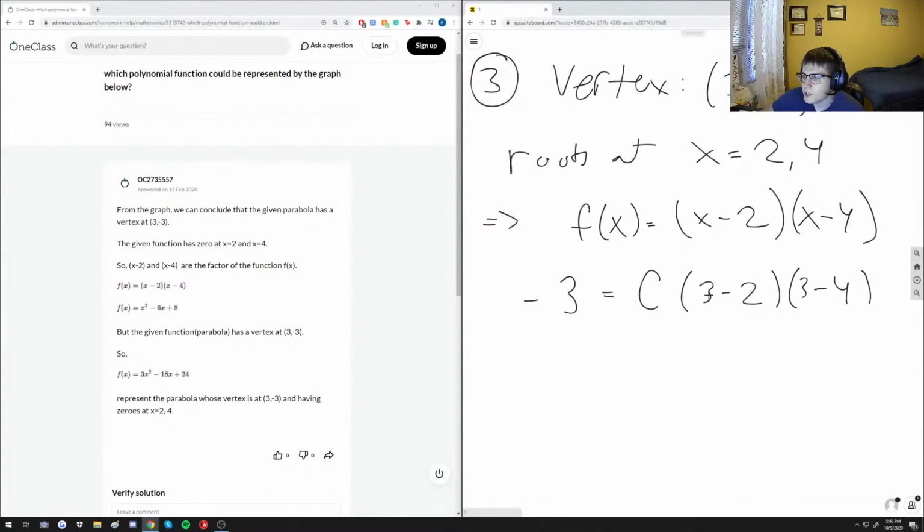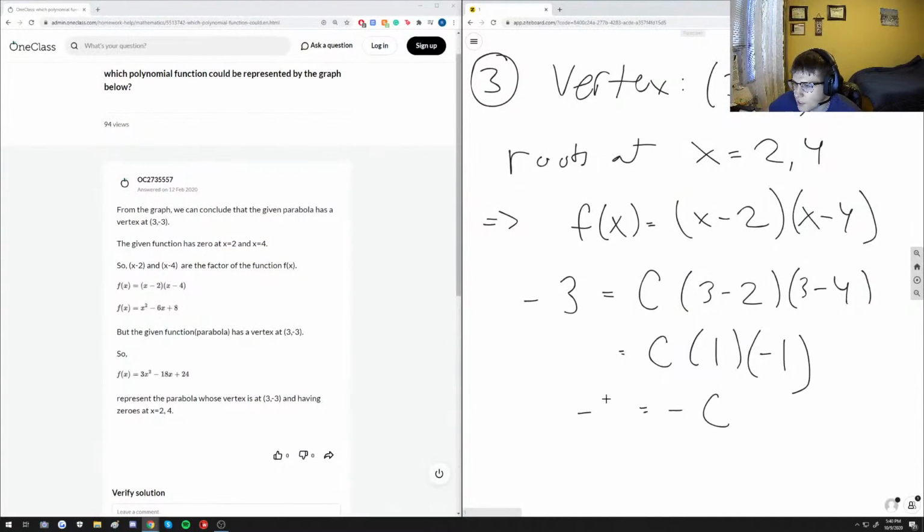And if 3 minus 2 times 3 minus 4 is minus 3, then c is just 1. But if it is not true, then we have to set c accordingly so that we don't change the roots, but (3, -3) is also a vertex. So we're going to have c times 1 times minus 1.